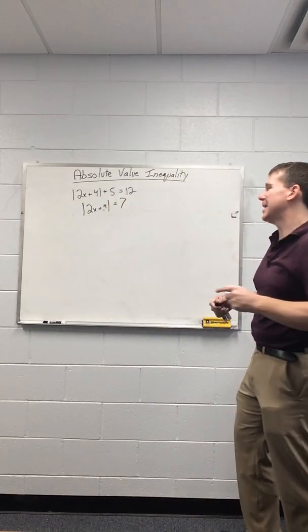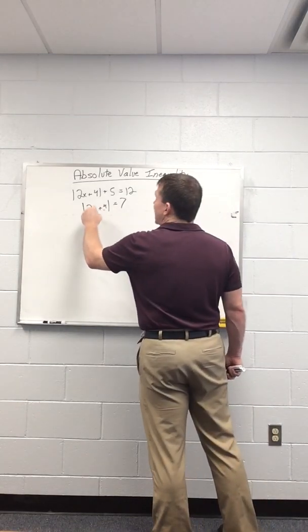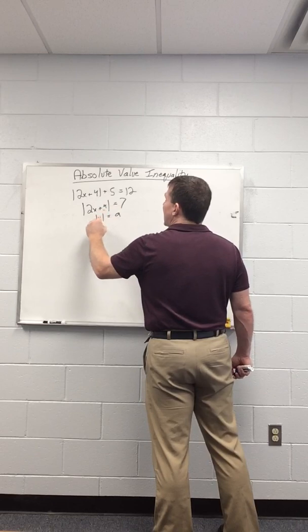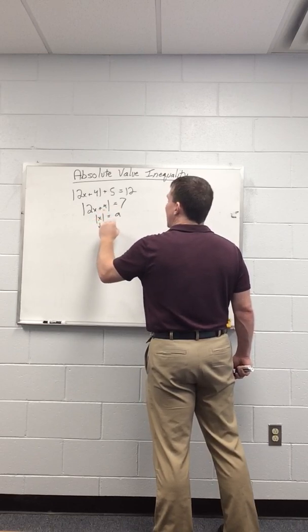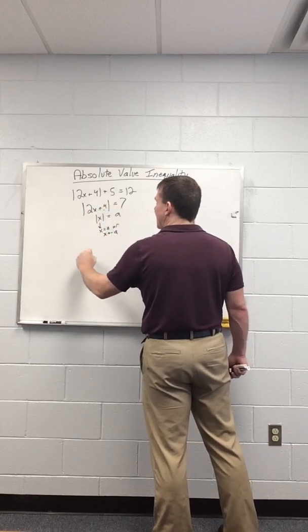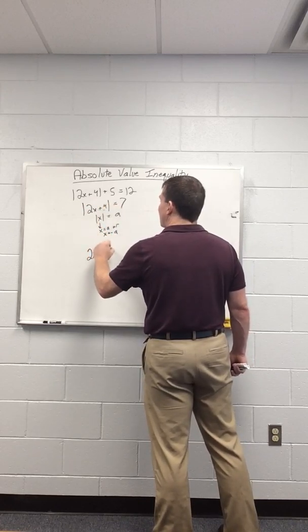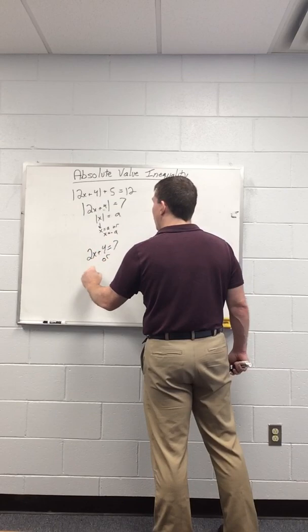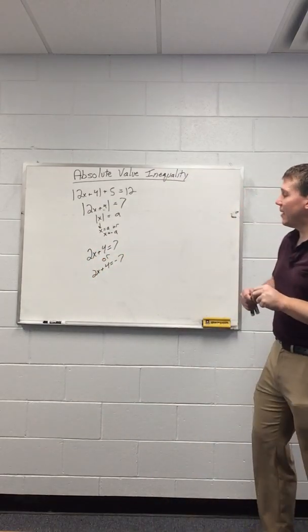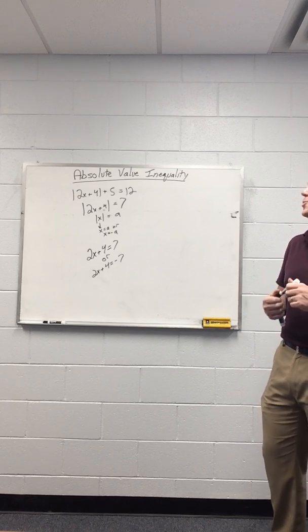Once we isolate it, then if you remember, we said once you have the absolute value of x equals a, that means x equals a or x equals negative a. So for the purposes of this, 2x plus 4 equals 7, or 2x plus 4 equals negative 7. And then we solved both of those separately, and we got two solutions.